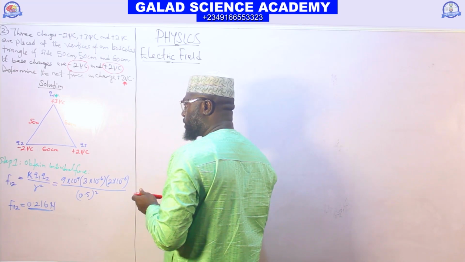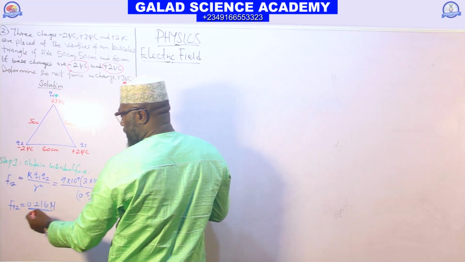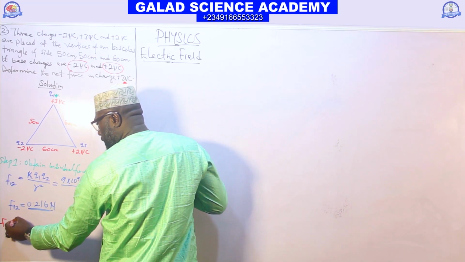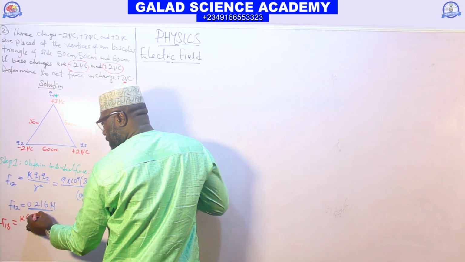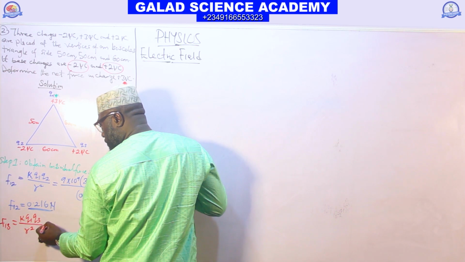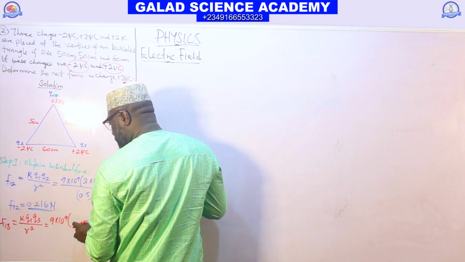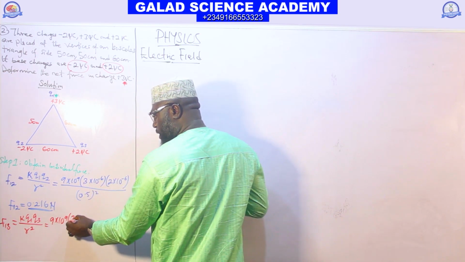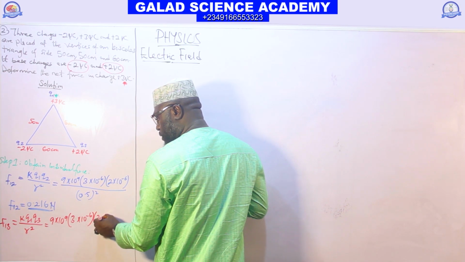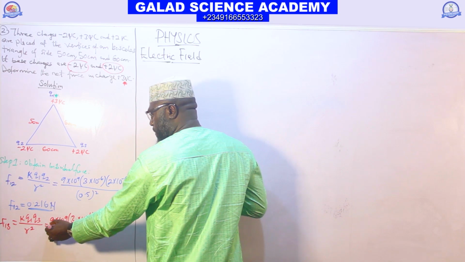The next thing is to find the force between Q1 and Q3. The force of Q1 and Q3 will be K Q1 Q3 over r squared. K is 9 times 10 raised to the power 9, times 3 times 10 raised to the power -6, times 2 times 10 raised to the power -6, over 0.5 squared.